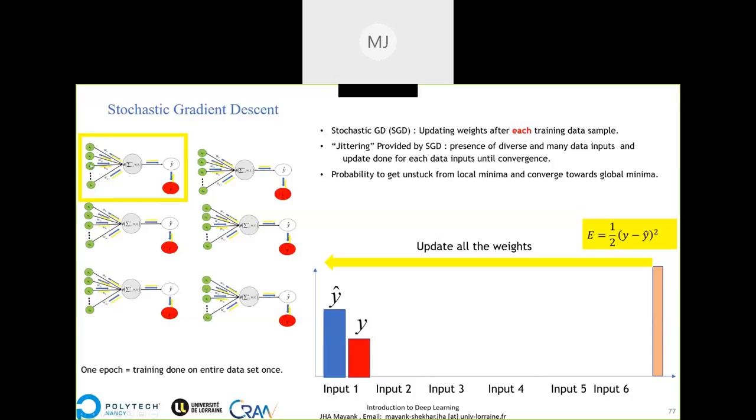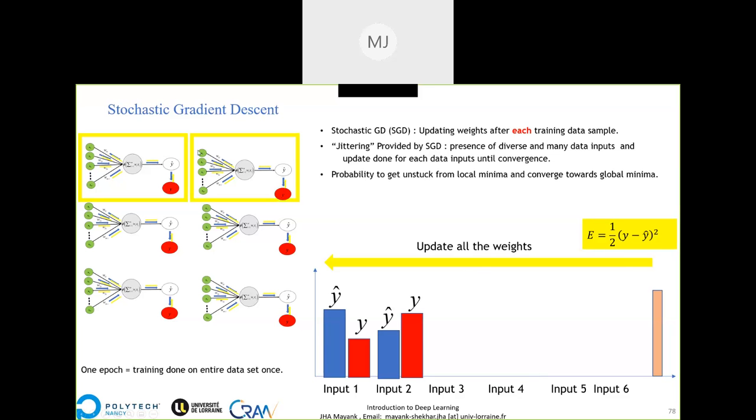We do it with the first input, x1 to xm. We calculate the loss. Remember, this is not the total loss. This is just the loss with respect to input 1. We have y hat, we have the real y, we calculate the loss. Loss here, you can see it's pretty large. Once the loss is calculated, it is propagated backwards.